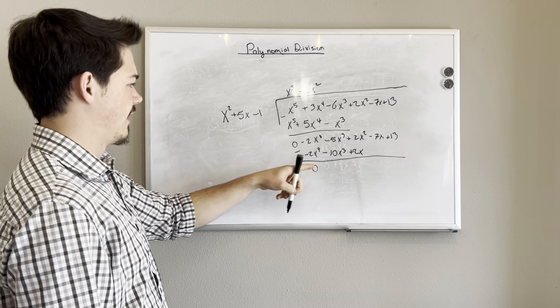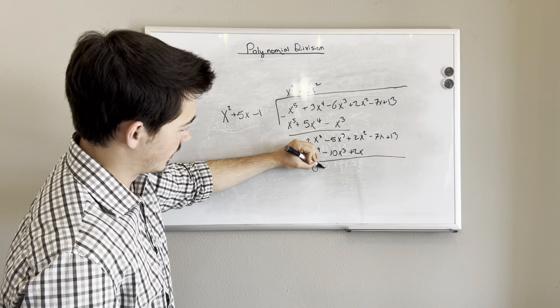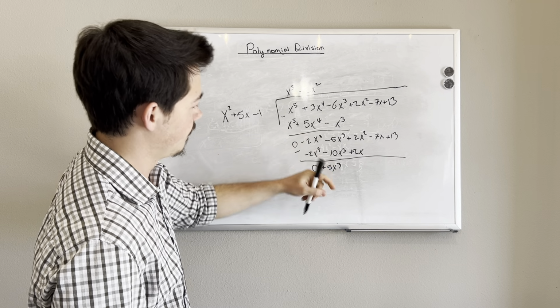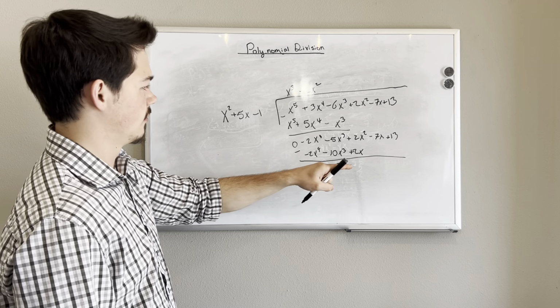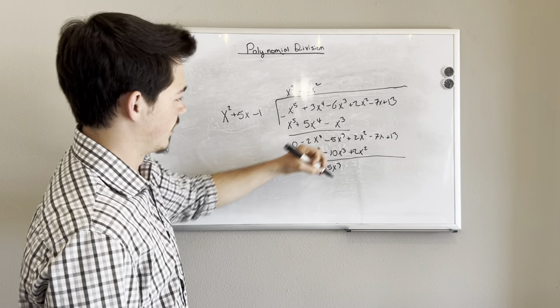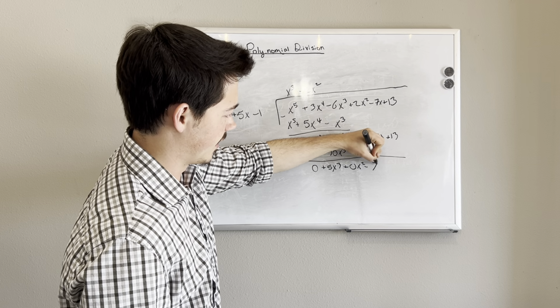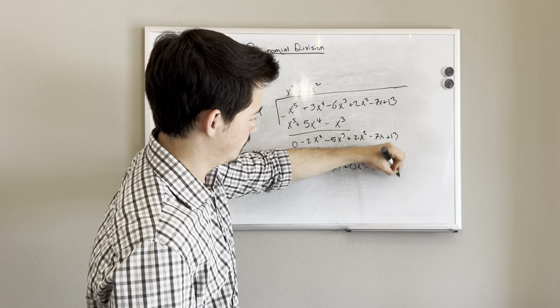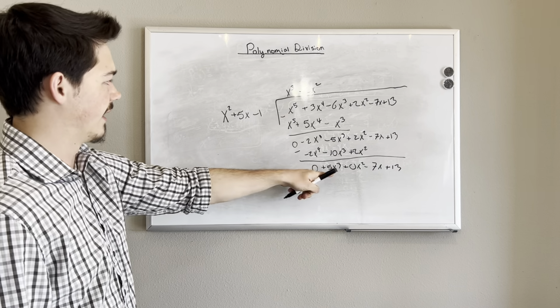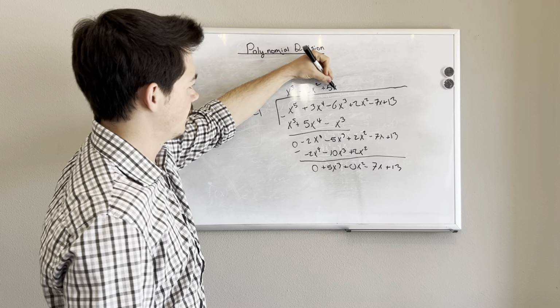We'll have negative 5x, which minus minus gives us plus, so that comes out to positive 5x cubed. 2x squared minus 2x squared will give us 0, then minus 7x plus 13.